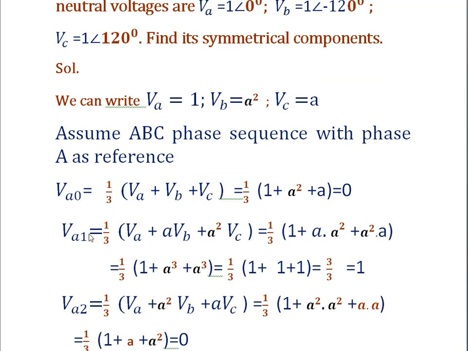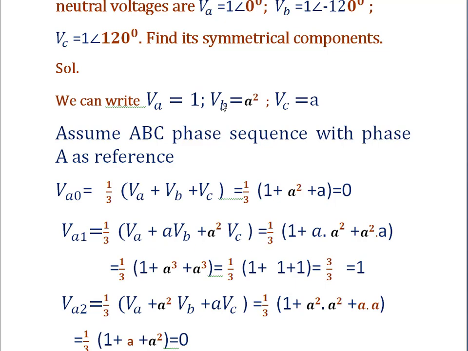Then the positive phase sequence component. We know the formula from the previous videos, that is VA1 is equal to 1/3 into (VA plus a into VB plus a square into VC).